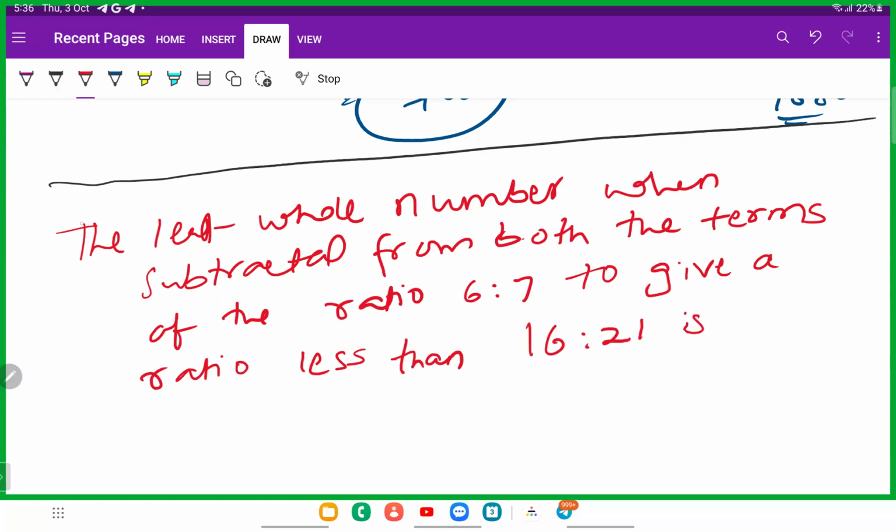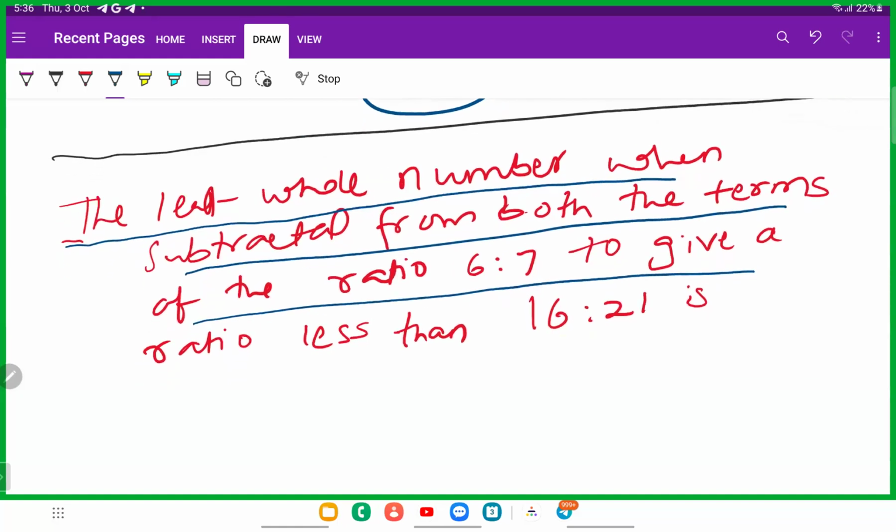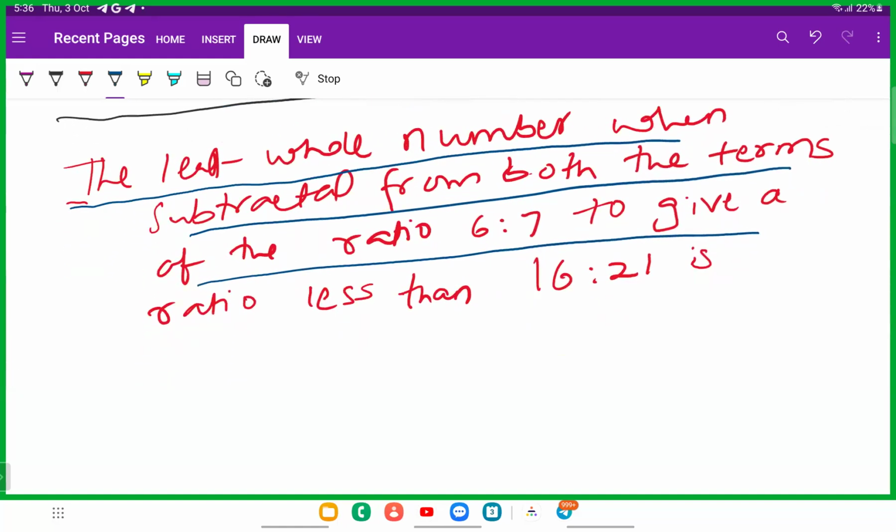So read the question properly. The least whole number when subtracted from both the terms of the ratio 6:7 to give a ratio less than 16:21.